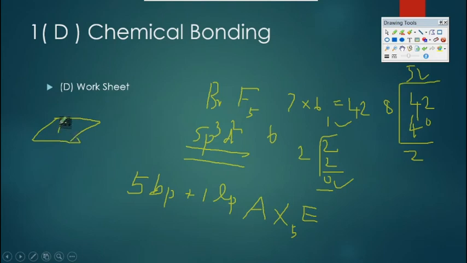So Br is here, F, F, F, F, one more F. Now all the 5 bonded pairs are allotted, and the lone pair will be here. Since the shape of the molecule is decided by sigma electrons, the electrons present in sigma bonds, it is a square pyramidal shape.